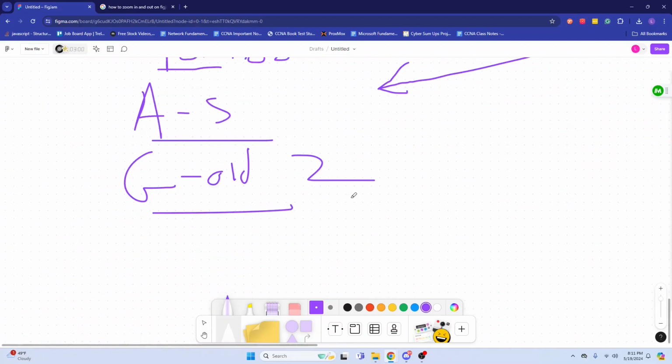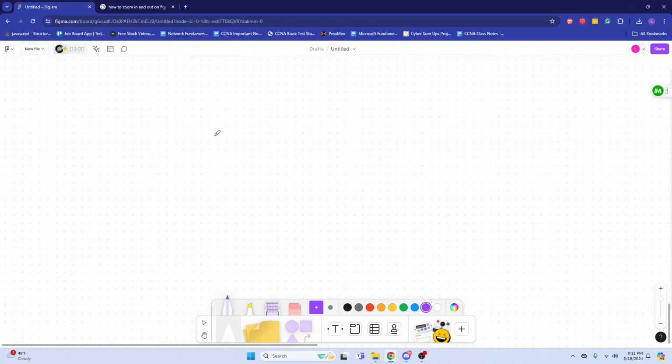For the base pairing, you only have to memorize half of it. So going down here, we're going to have A, which is adenine, and it's going to pair with thymine.